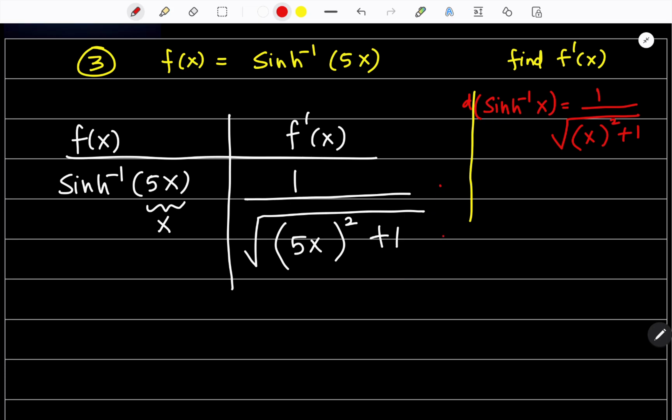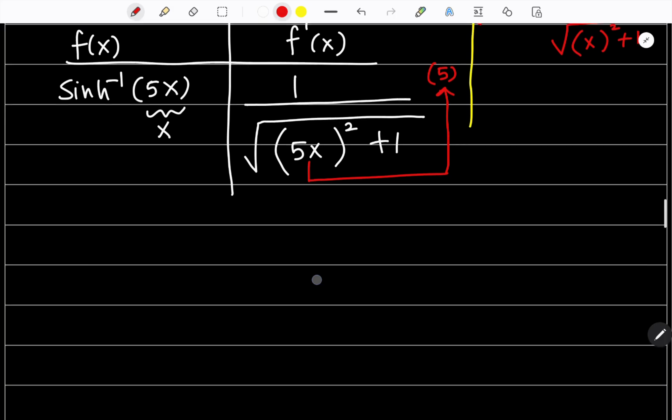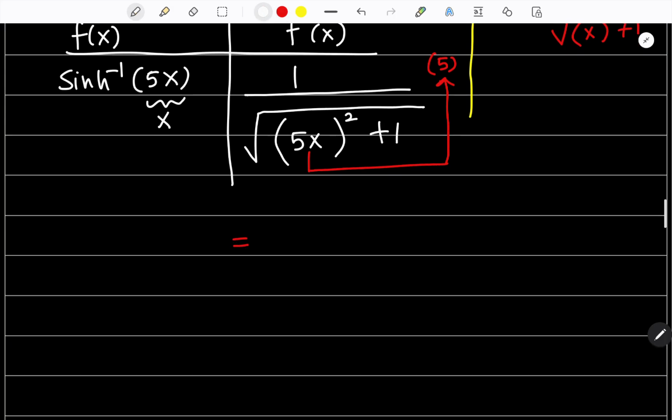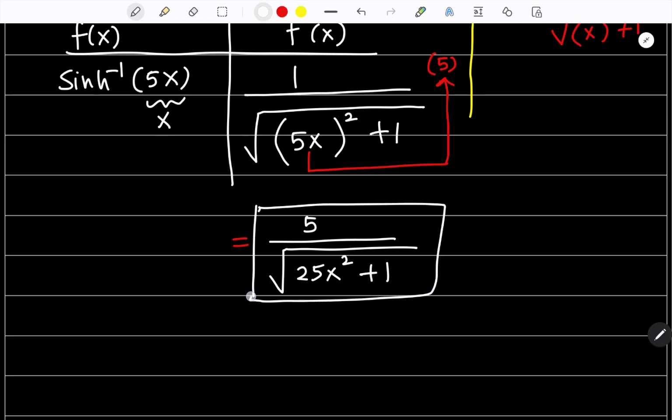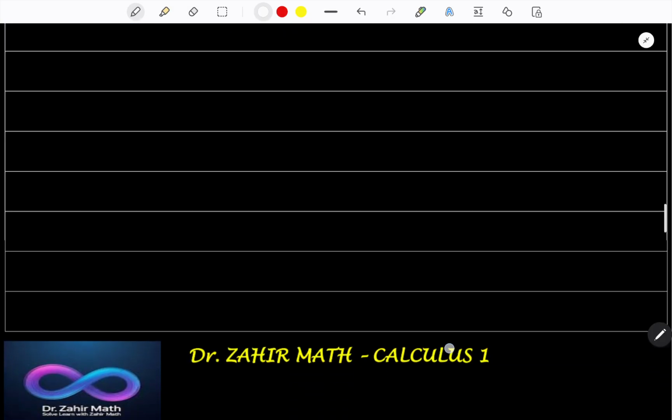It is 5, so it should be on the top. Your answer is 5 divided by square root of 5 square, which is 25, x square plus 1. So 5 square is 25, x square is x square. This is your answer. So one question is finished.